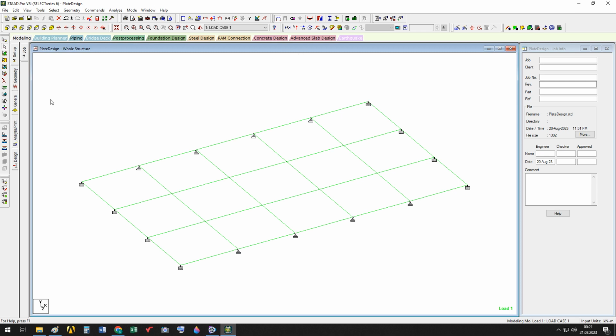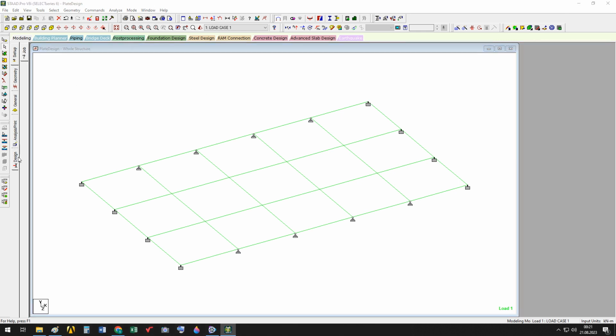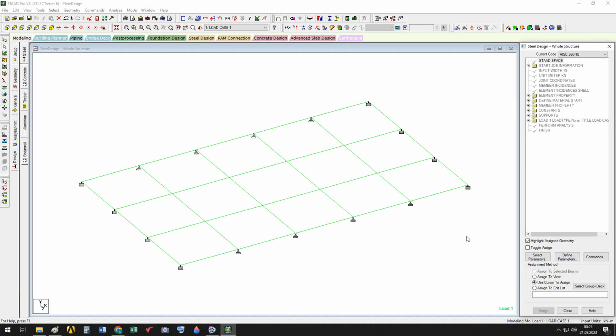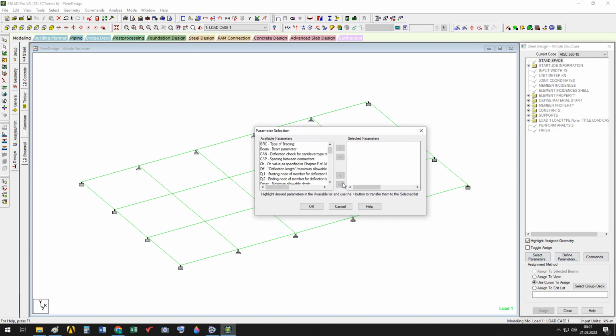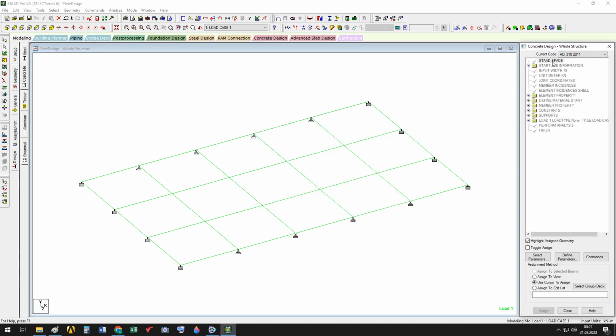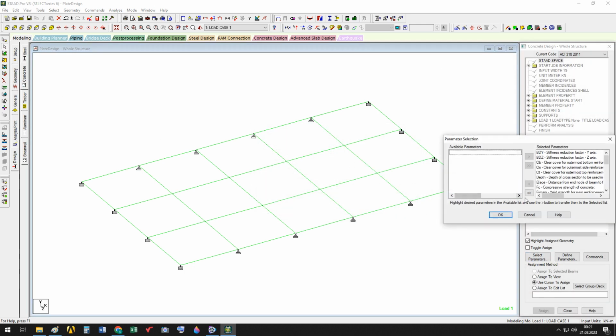Now we will make design of plate. To make the design of plate, we will select parameters. But we have to select concrete tab, select parameters.